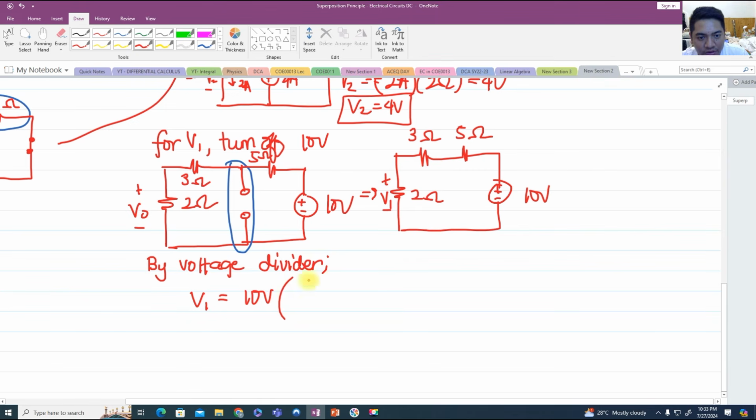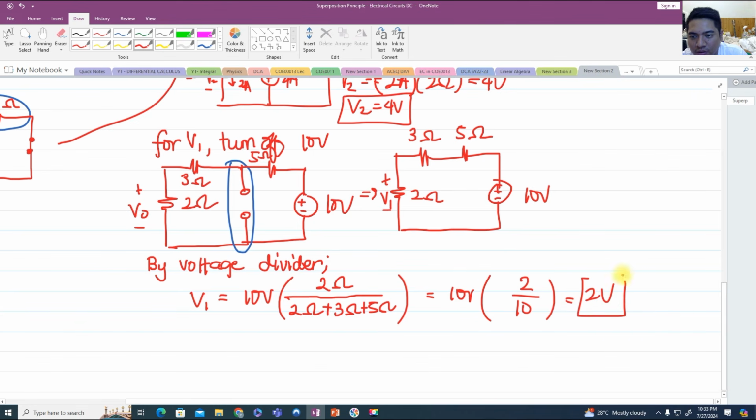We're asked to find the voltage here, so we have 2 ohms as our numerator, all over 2 ohms plus 3 ohms plus 5 ohms. Because 10 volts, and then you have 2 all over 10, so this would be 2 volts.